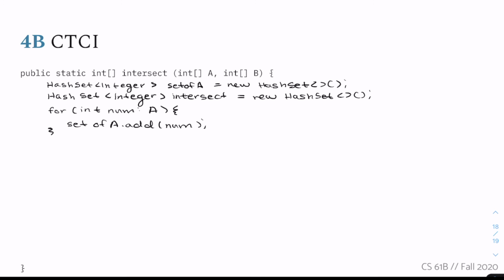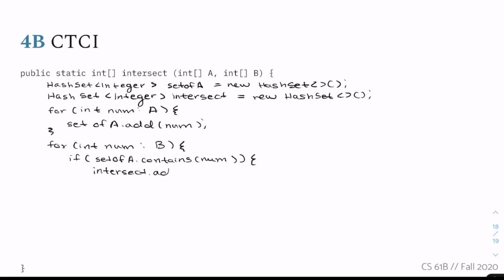And now that we've done that, we can go through all of the items in B, and this time, before we just dump them into the intersect set, we're going to compare it to set of A and make sure the item is contained within set of A. So we can do for int num in B, if set of A dot contains num, then we're going to do intersect dot add num, but only if they're both in there.